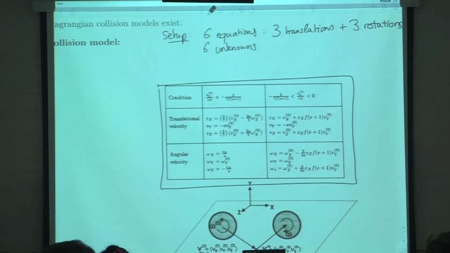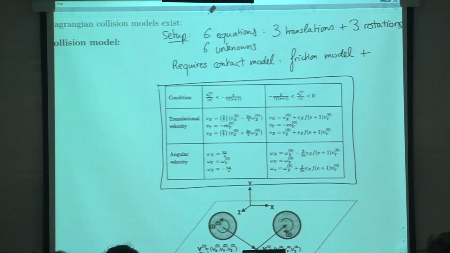Okay, and that again requires some sort of a contact model that might look like what I wrote below. That will typically contain some sort of a friction model plus some sort of a notion of a restitution coefficient, the ratio of energy out to energy in.